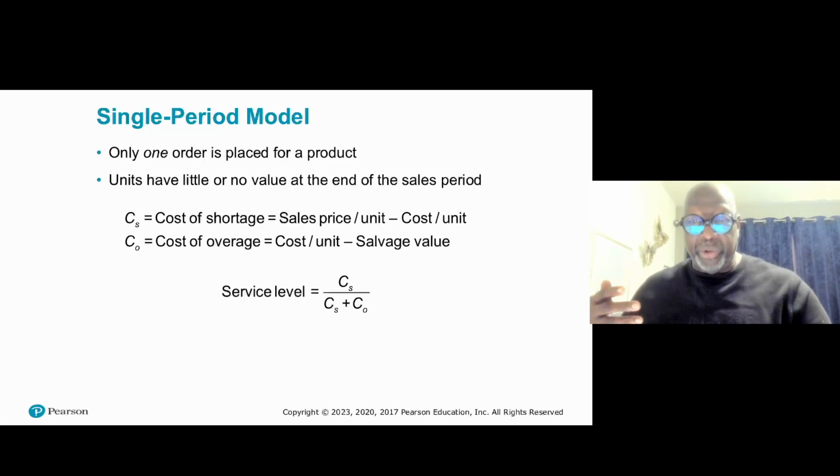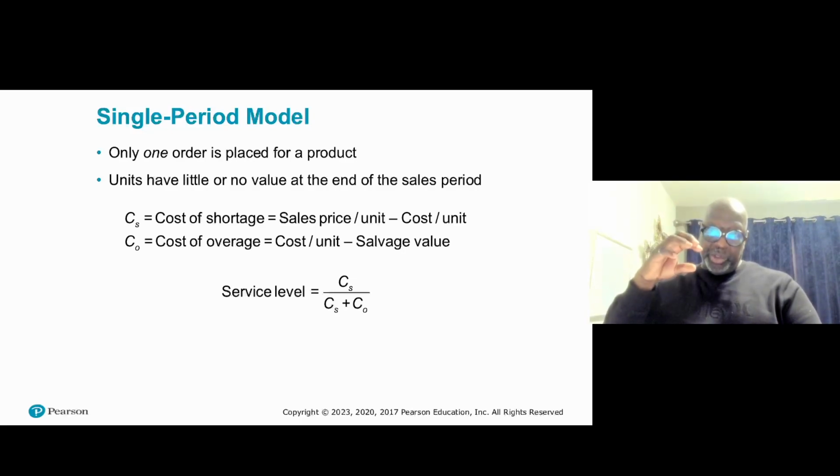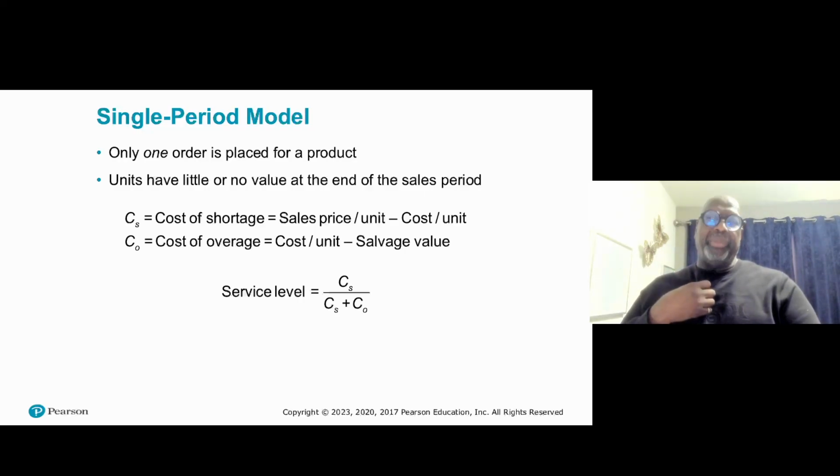If you incur the production costs, then that's what it costs you to have that item at the end. But in some cases we may have salvage value, so you could reduce your costs. Say it costs me $2 to make an item, and at the end of the period, I don't sell it at my selling price of $3.50, but I could actually offer it to somebody for $1.